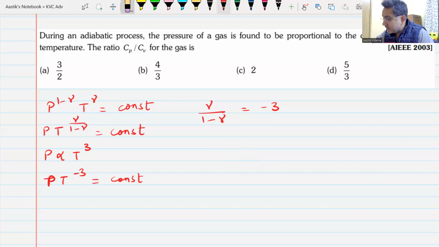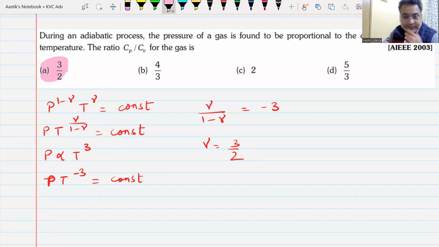It will come as 3 by 2, yeah. You confused me so much. I got confused so much. 3 by 2 it will come. I gave you all the correct relations, I got confused. Which relation did I give you wrong? All the relations are correct.